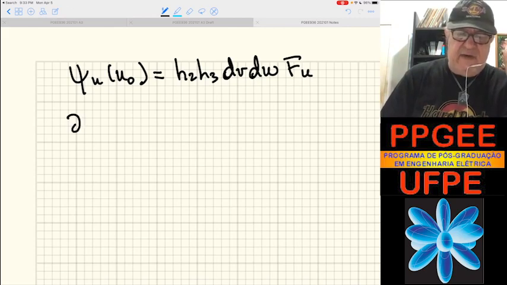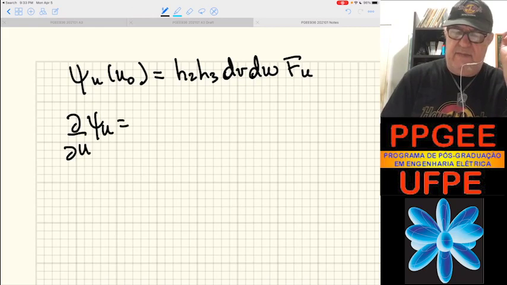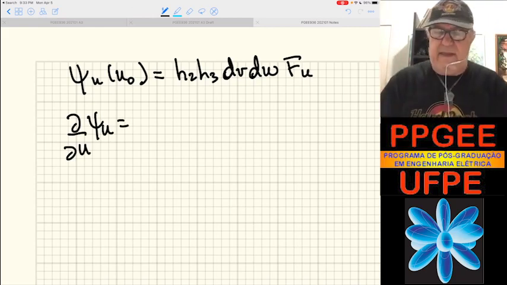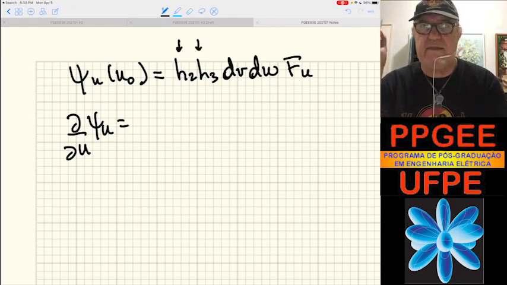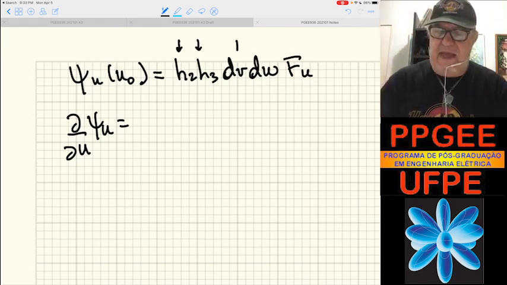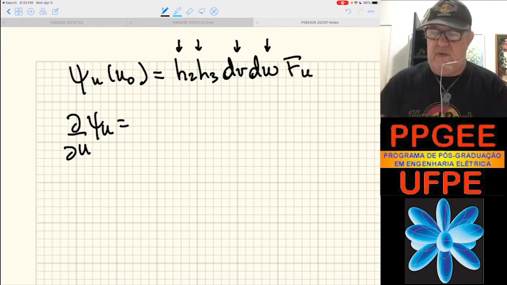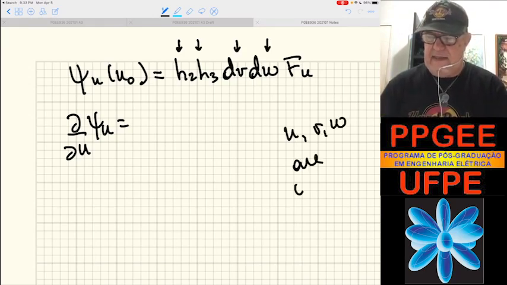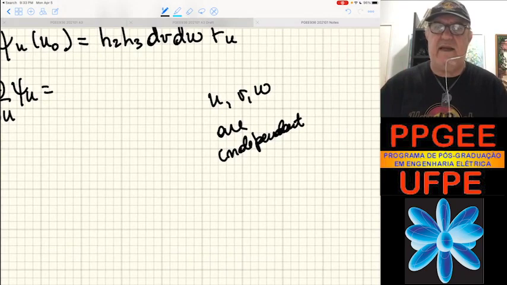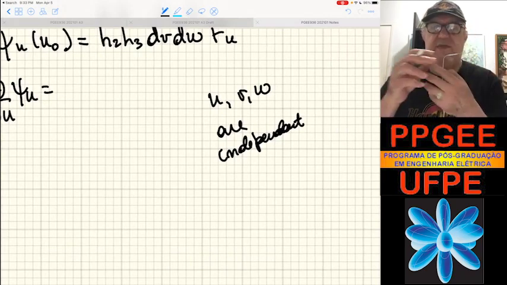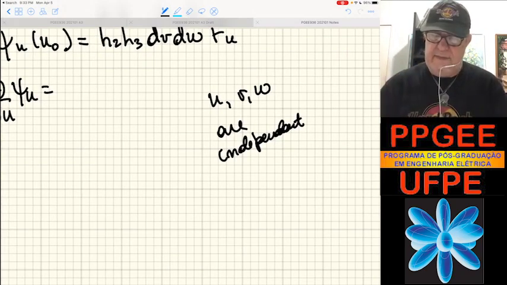And also we needed the derivative ∂/∂u of C_u, which is going to be, well, recall that H parameters may be functions of the coordinates, right? But U, V, and W are independent variables. A point in space has three coordinates which are independent.